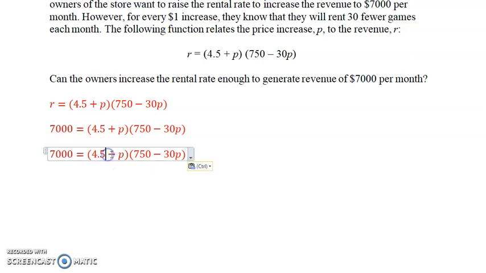So it'll be 4.5 times 750, plus 4.5 times negative 30p.